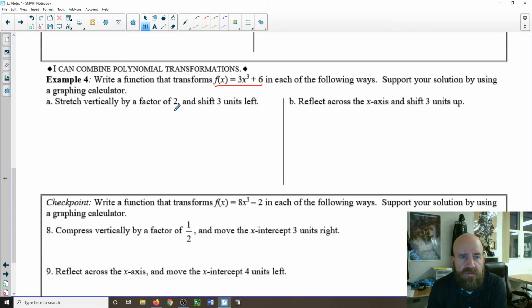Remember, we're multiplying by 2 out front, so that's going to be a 6 out front. Shifting to the left 3 units, so we have inside parentheses a plus 3. So that's to the third power. Don't forget the third power, because that's what we had on the x. And then plus 6.